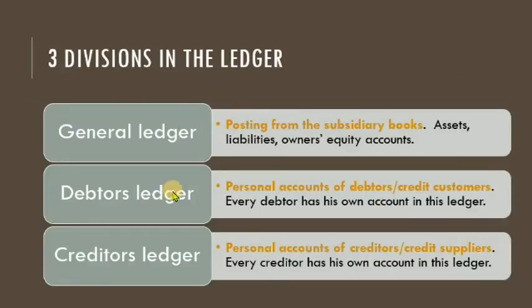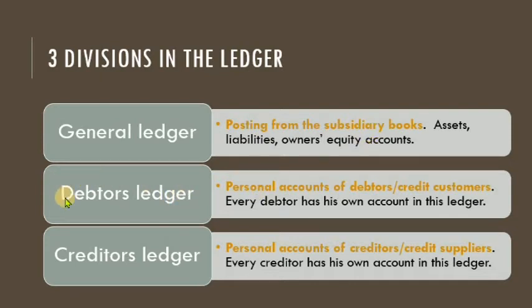Now there are 3 different parts of a ledger. We have a general ledger, we have a debtor's ledger, and we have a creditor's ledger. Now the general ledger is the posting from the subsidiary books, and these are assets, liabilities, and owner's equity accounts.